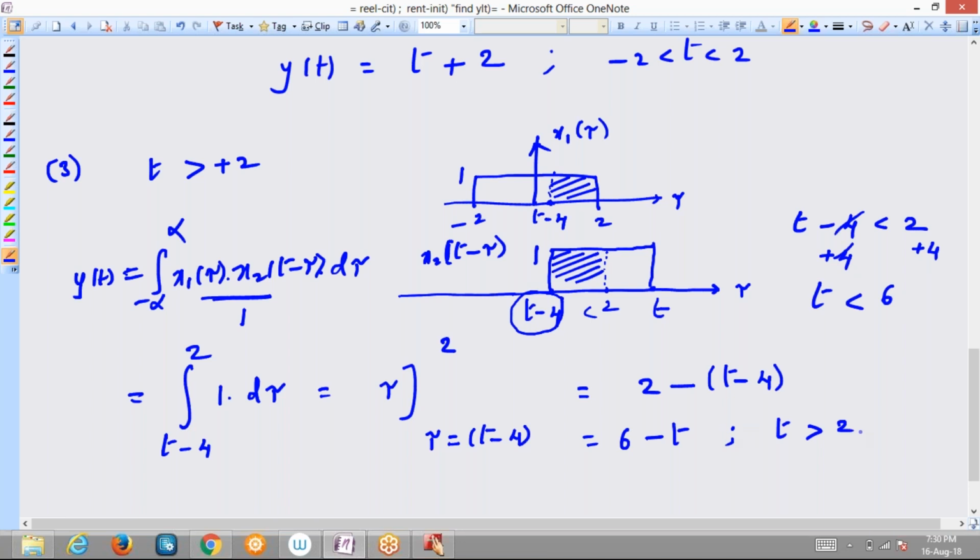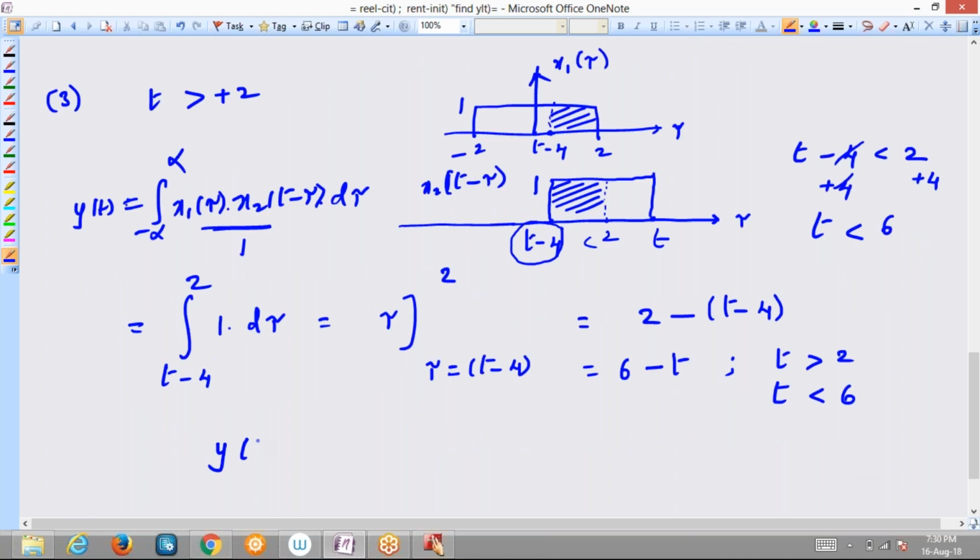So in the third case, y of t can be written as 6 minus t over the limit 2 less than t less than 6.